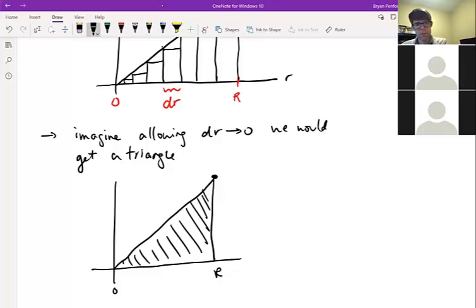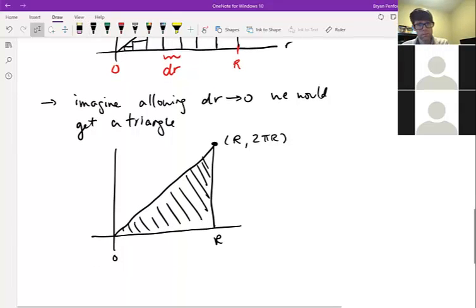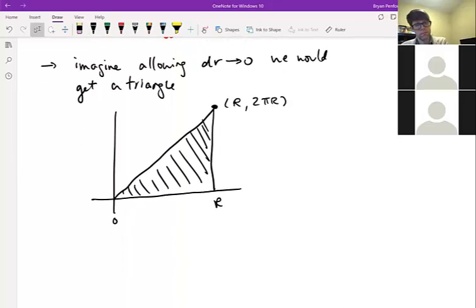And this point up here, by the way, is capital R, 2 pi capital R. So as we allow this little dr to get smaller and smaller, we're going to get really good approximations to the area of our circle. And when we actually have a legitimate triangle here, this is going to be the best approximation we can get for the area of our circle.